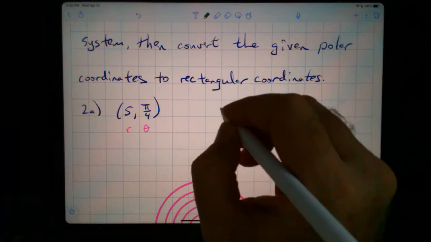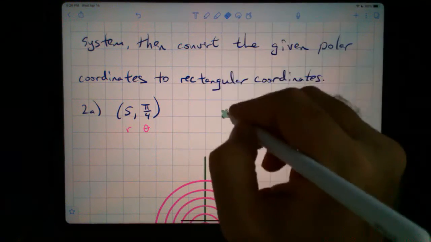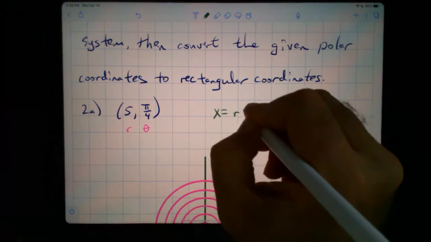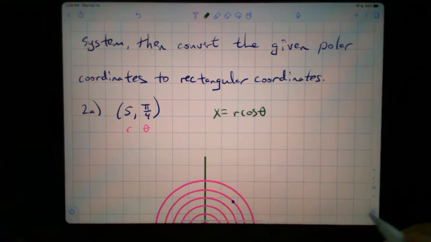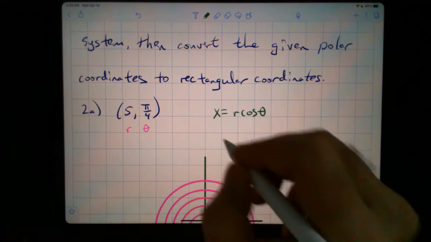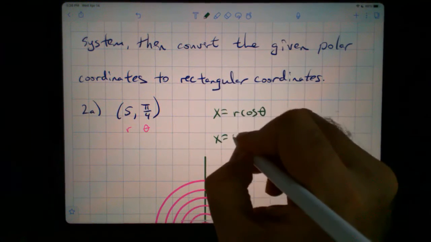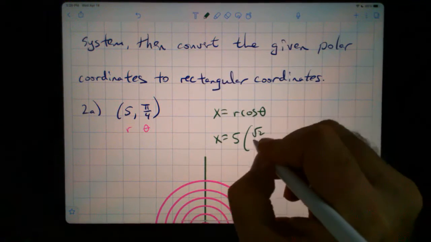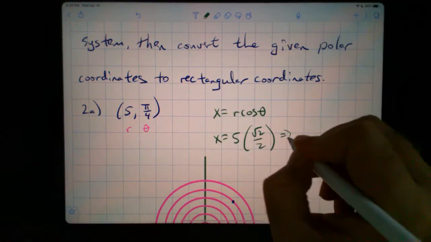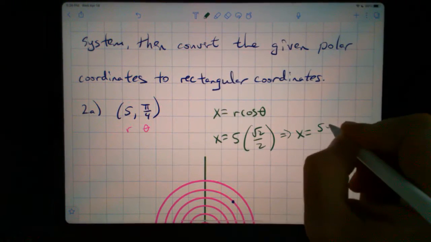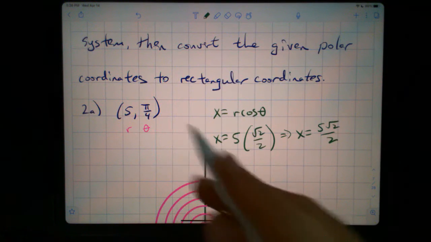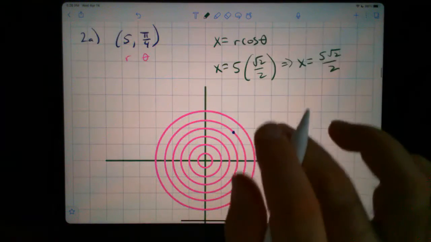Okay, so we know that x equals 5 times cosine of pi over 4, and sine would give us the same value.